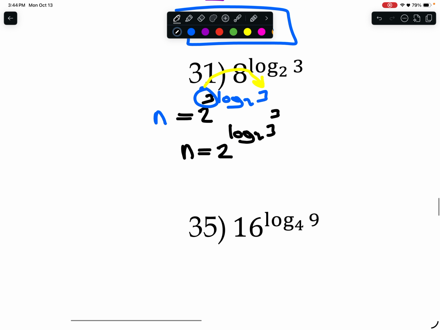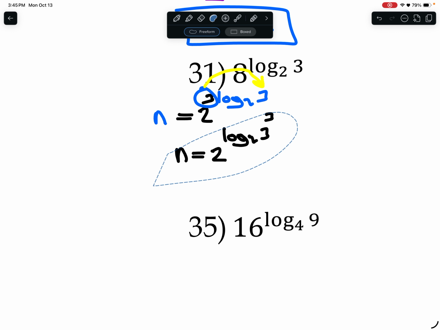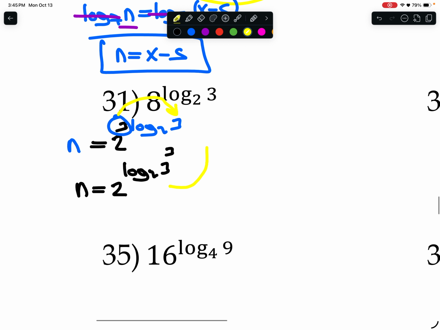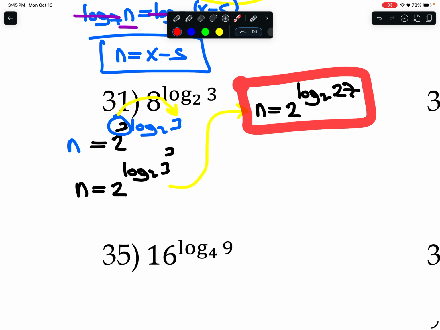So I'm going to rewrite this as n equals 2 raised to the log base 2 of 3 cubed. So unfortunately, we do have an exponent within an exponent, which is tragic. But this is equal to some mystery value, which is 2 raised to the log base 2 of 3 cubed, which is 27. So now I'm in exponential form, so I want to do circle of life and convert it to logarithmic form.